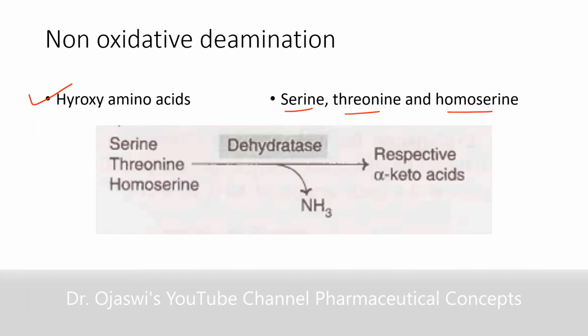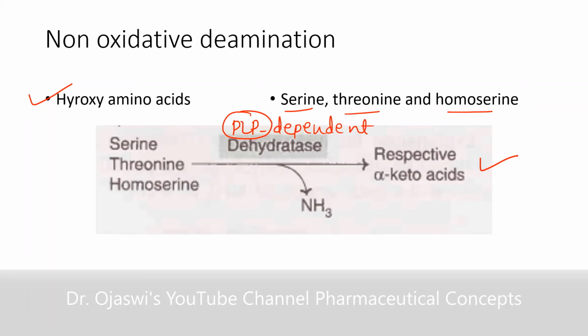Okay, so this is PLP dependent. So PLP acts as the coenzyme for this particular enzyme dehydratase. Okay, and the respective alpha keto acid can be formed.